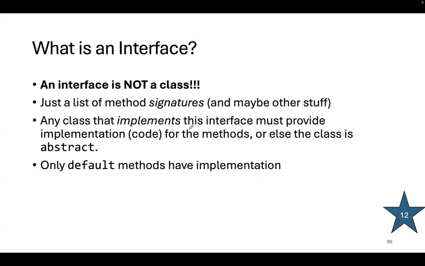If I have an abstract method, the class must be abstract. But the other way around doesn't hold. I can have an abstract class and have no methods. For an abstract class, I'm just wondering, am I going to be making an object out of this? Am I making a shape? If the answer is no, then I can make that class abstract.